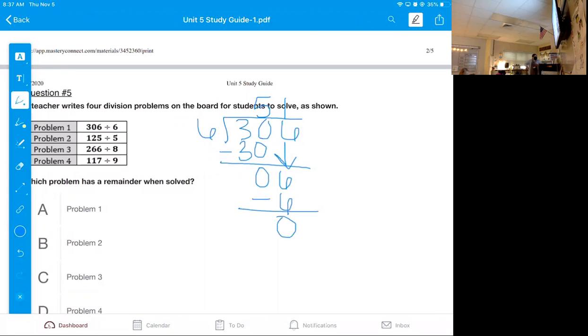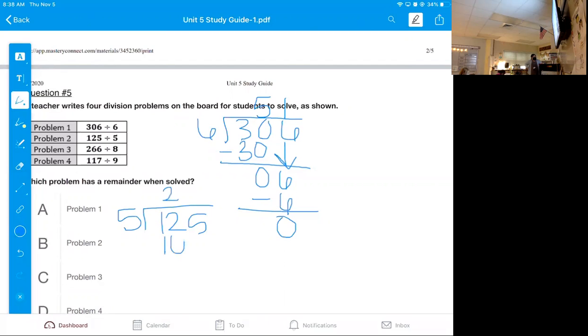So then we would go on to problem 2 and check it. It says 125 divided by 5. So first I'm going to divide 5 and 12. Somebody raise your hand and tell me a 5's fact that'll get me close to 12. Eli? 5 times 2. So I'm going to write a 2 at the top. That's division. What is 5 times 2? 10.